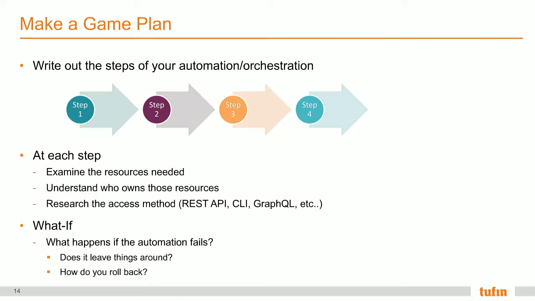Maybe you get a 404 or it's not valid or some other thing is stopping you. Well, then what do you do? Do you leave the VM there and wait for the code to become available, or do you roll back the change and destroy the VM? These are key questions that you should ask and account for in your automation.